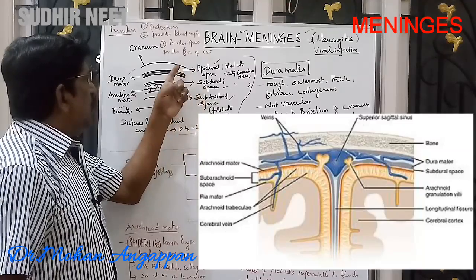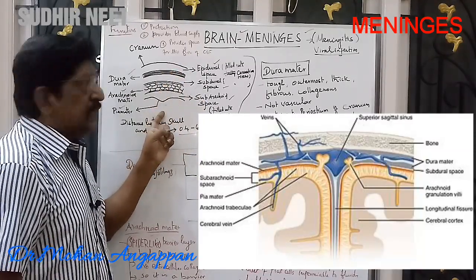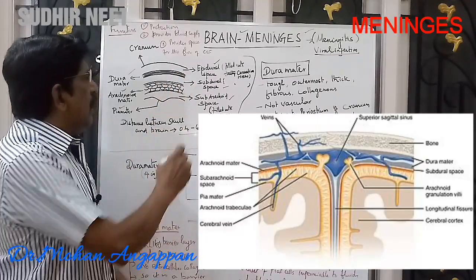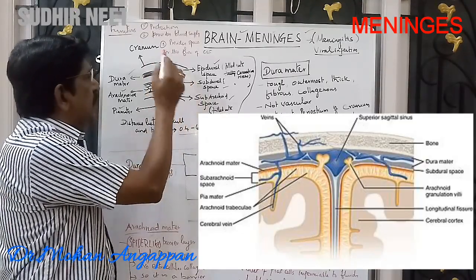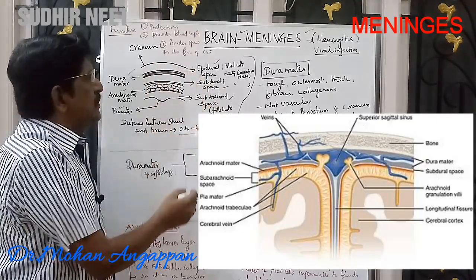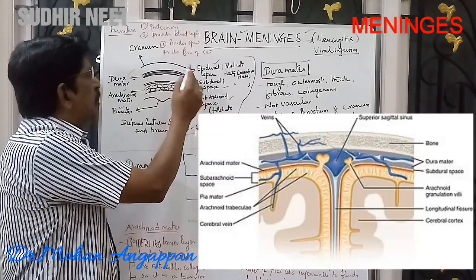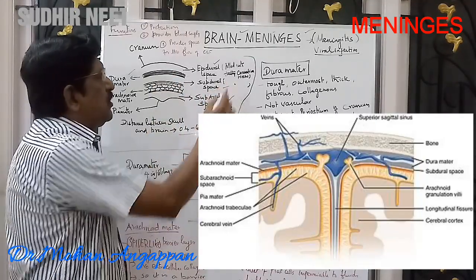So, dura mater, arachnoid mater, and pia mater. In between the cranium and the dura mater, epidural space. In between the dura mater and arachnoid mater, that is subdural space.